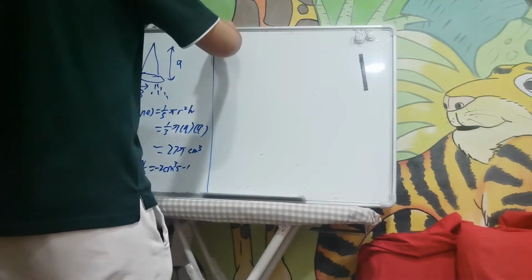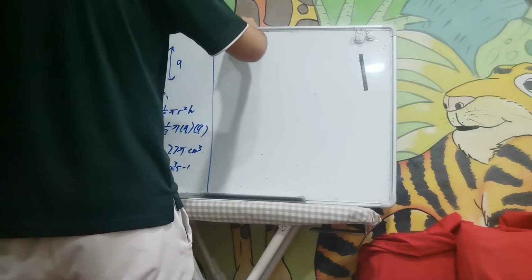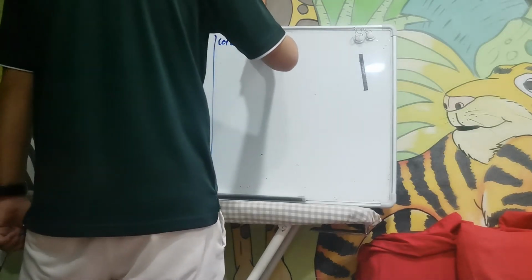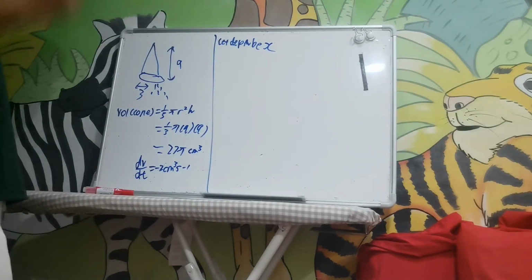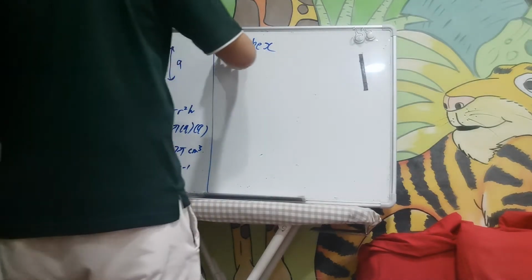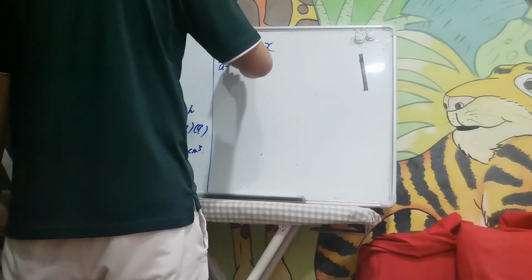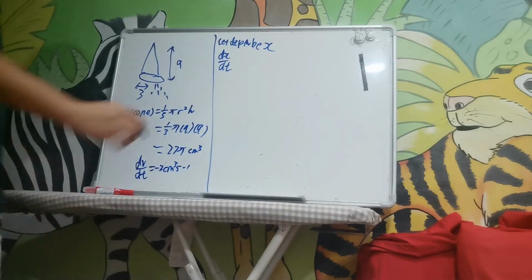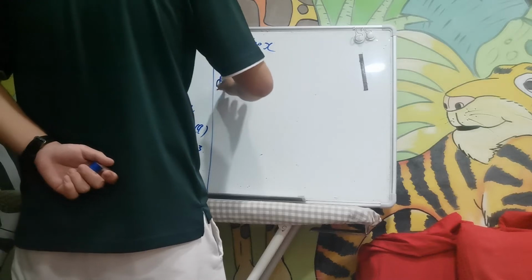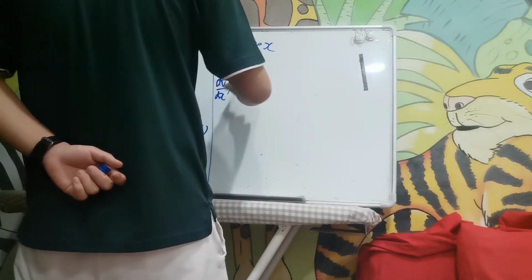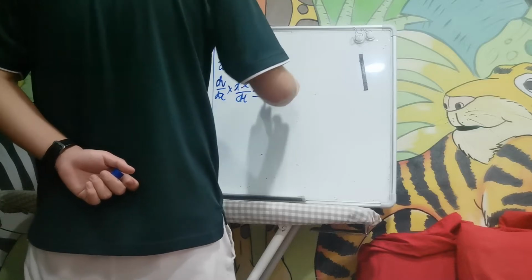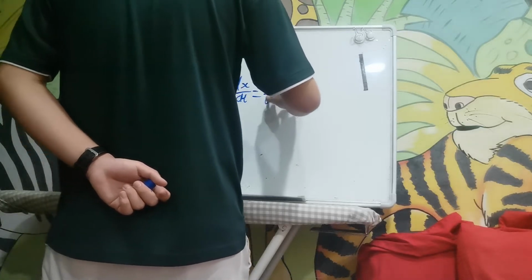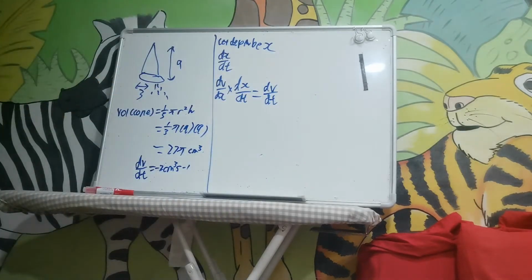Let the depth of water be x. So we want dx/dt. To start off, dV/dx times dx/dt equals dV/dt.